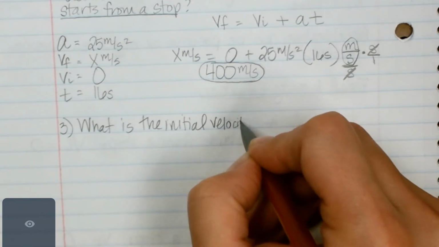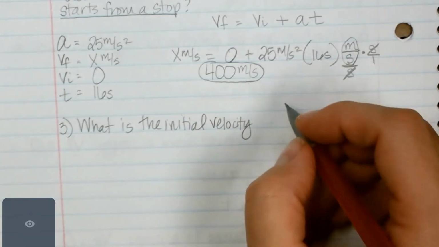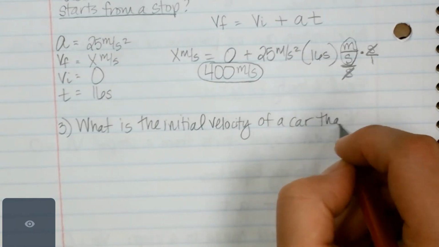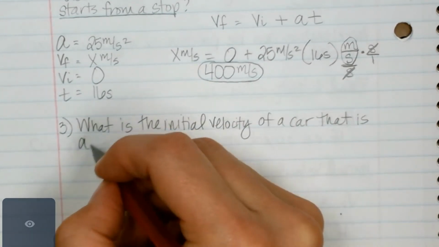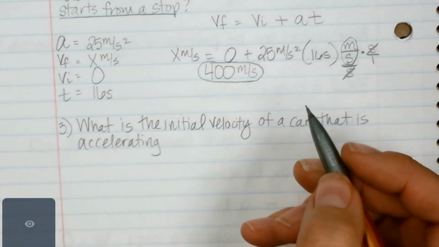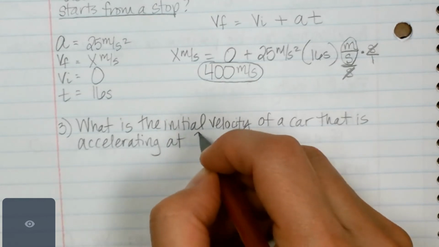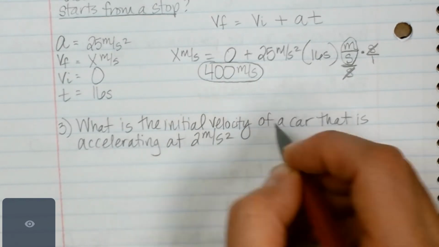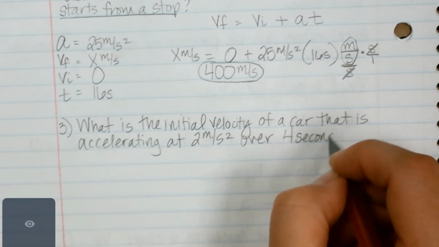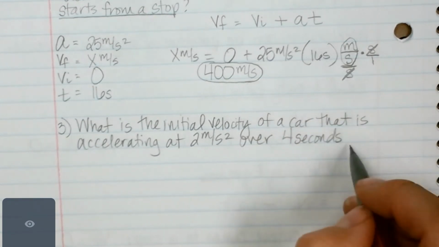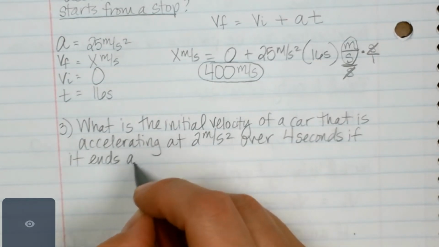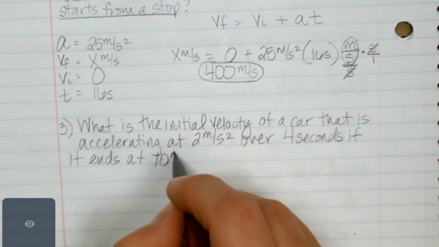So what is the initial velocity of a car that is accelerating at 2 meters per second squared over 4 seconds if it ends at 10 meters per second?